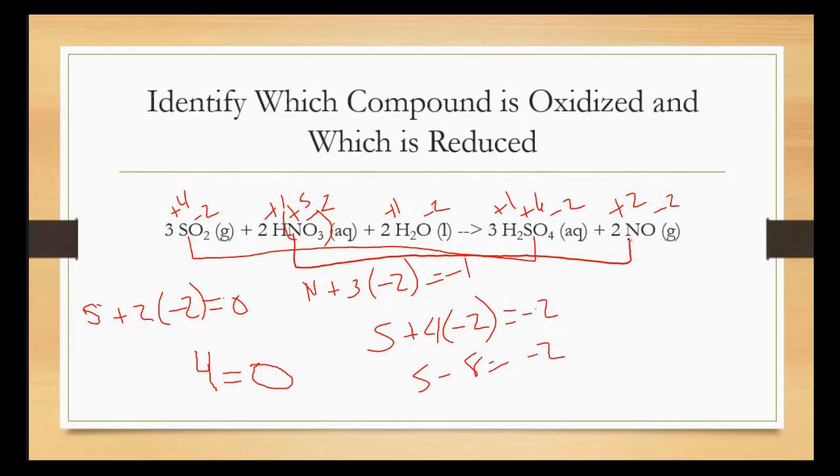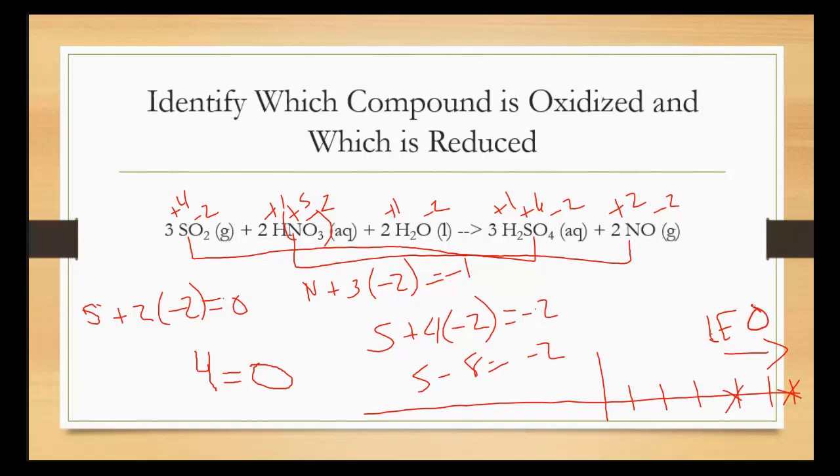So here's our number line. 1, 2, 3, 4 for sulfur, and it's changing over to a +6. It's going to the right on the number line. It's becoming more positive, meaning it's losing electrons. If it's losing electrons, it's being oxidized, LEO. So that means that's being oxidized.